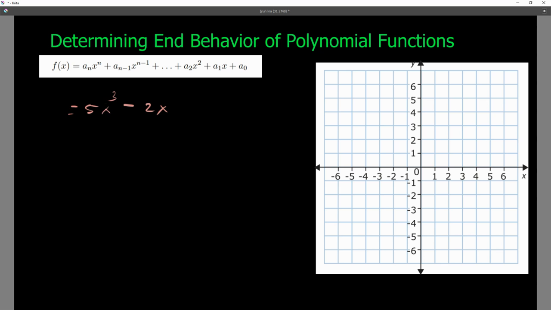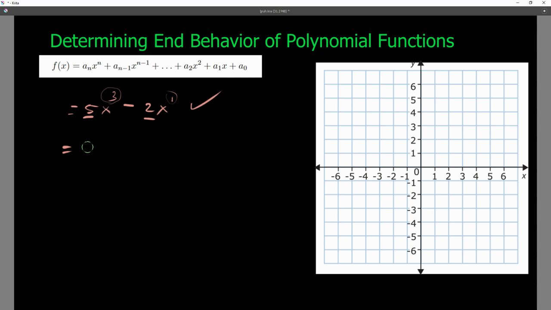Now, this is a polynomial function, right? Check these numbers. Are they real numbers? Yes. 5 and negative 2 are real numbers. Check the exponents. What's the exponent here? It's actually a 1, right? Are these whole positive integers? Yes. So that is a polynomial.